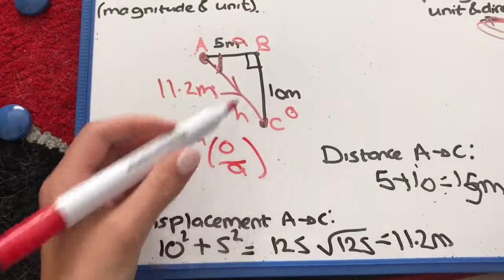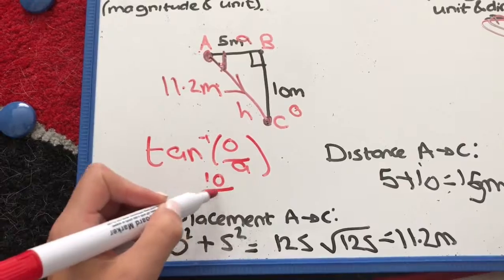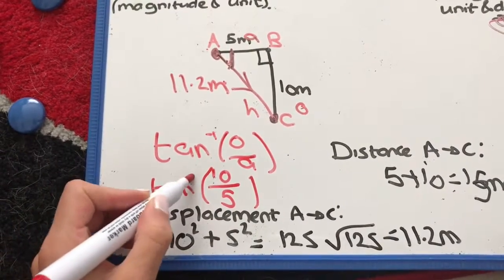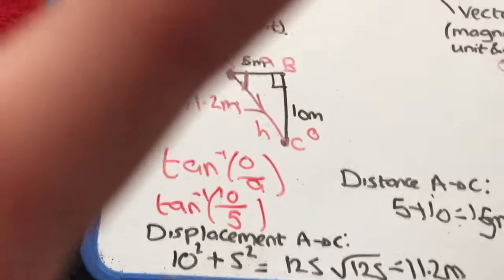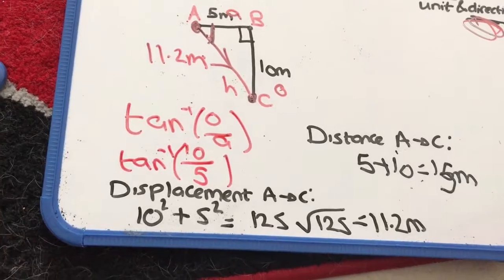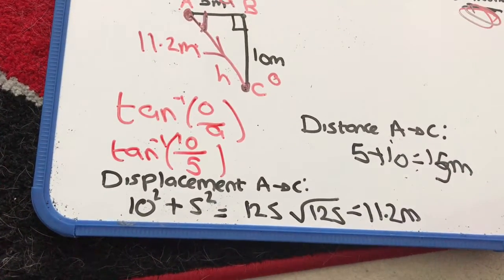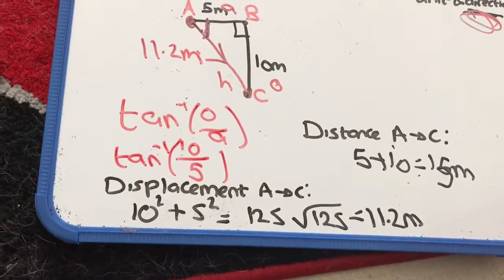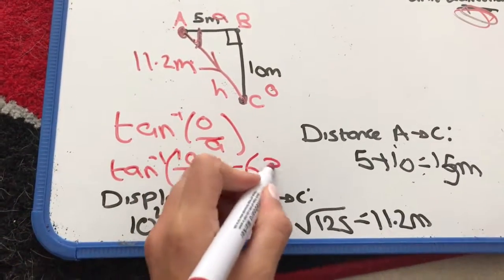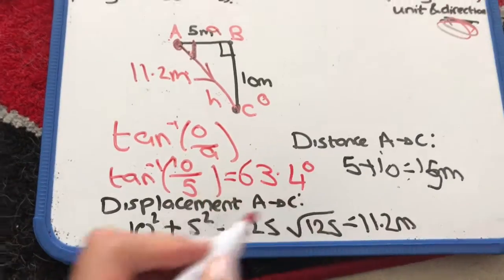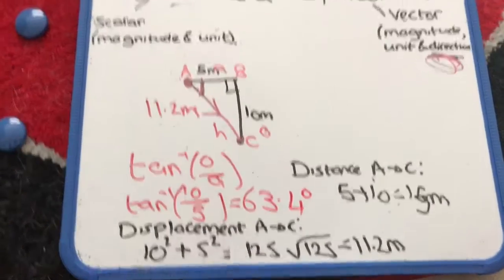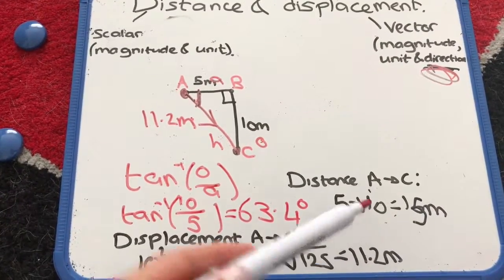So I'm going to do 10 over 5 and then shift tan, and it will give me my angle. I get an angle of 63.4 degrees.